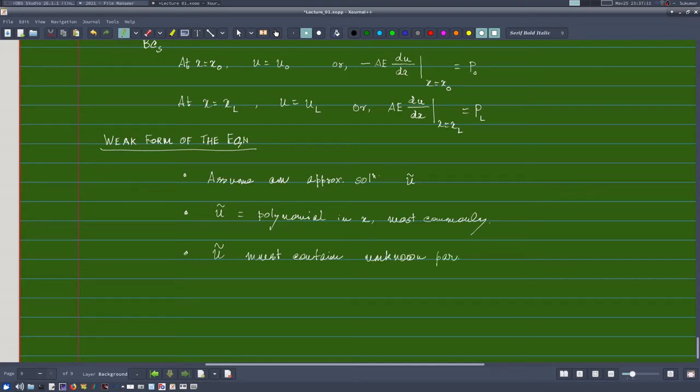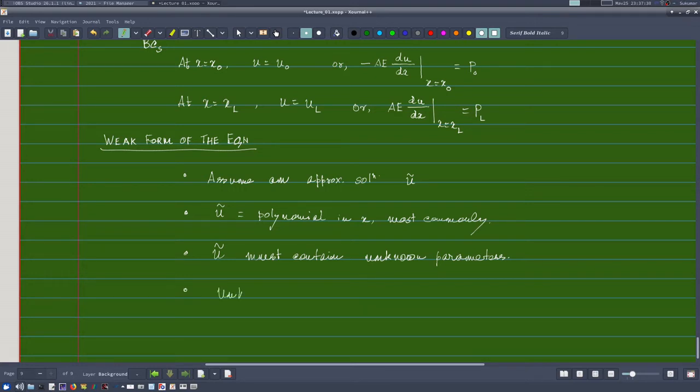Say the coefficients of the polynomial may be those unknown parameters. And then these unknown parameters are obtained by minimizing the difference between the exact solution and the approximate solution.